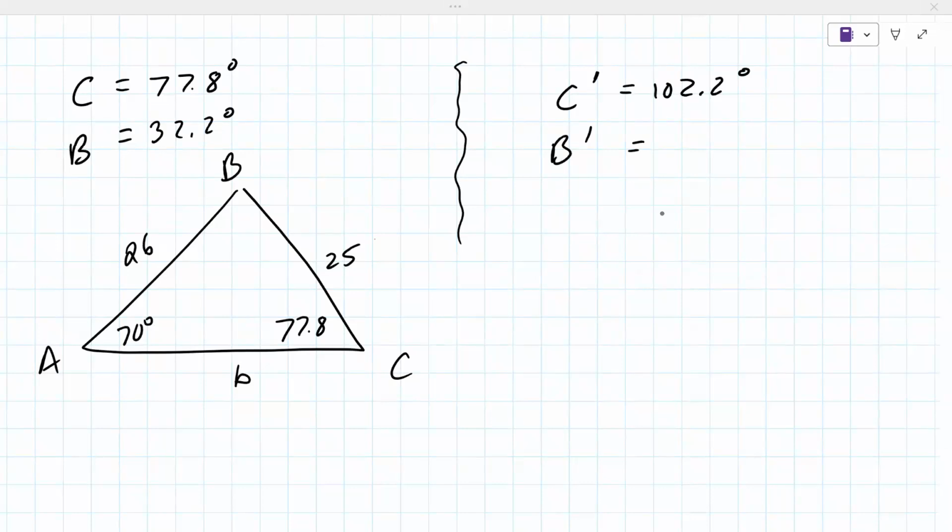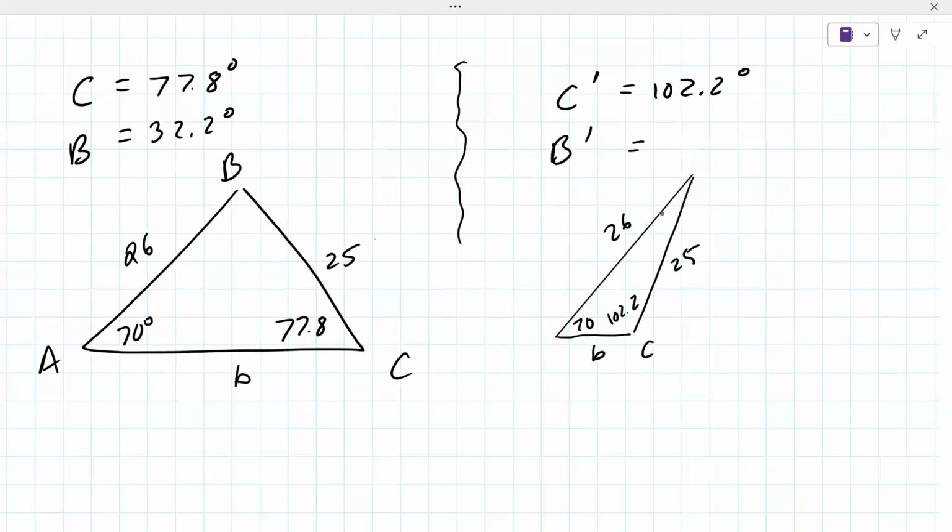If you want a visual of what the other triangle looks like, because sometimes I think that could be useful, it ends up being an obtuse angle for C, 102.2. That could help, maybe.